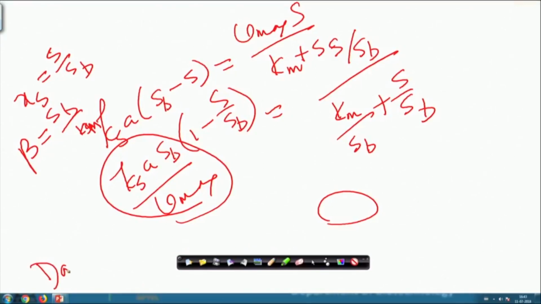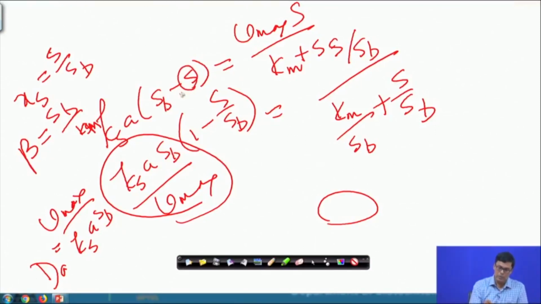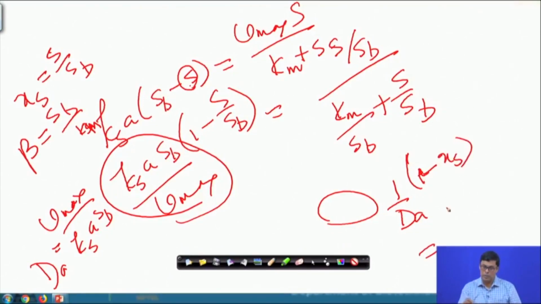What is the Damkohler number? The Damkohler number is equal to the maximum velocity of reaction divided by the maximum mass transfer. The mass transfer will be maximum when S is 0. If S equals 0, your driving force will be maximum. Now if you put this value here, what will we get? 1 by Da, and this is (1 minus Xs). This will be equal to Xs, and this is beta, 1 by beta.